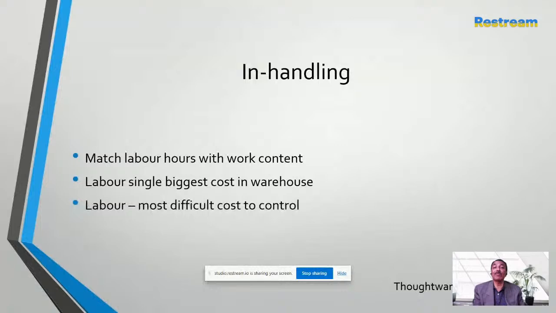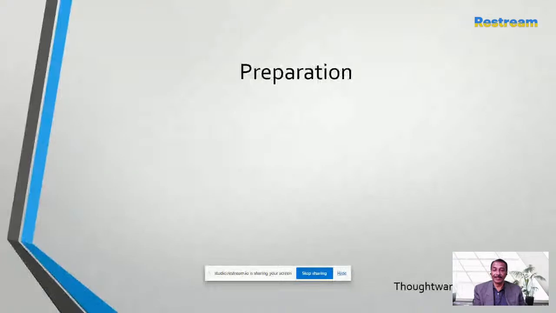Especially as it involves more physical activity, people are not interested in taking up that work in such an environment. So there is a conflicting thing: getting the people, providing a workable environment, and also getting the work done. Okay, then coming to the preparation, we have seen so far the pre-preparation, even before the item has come.